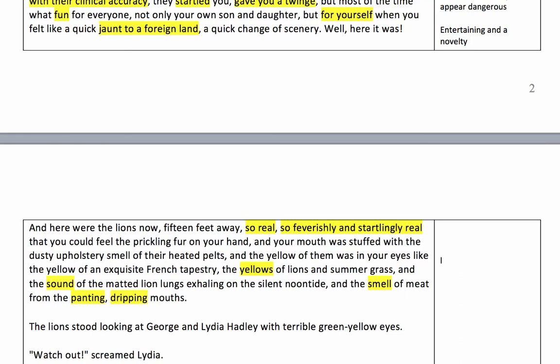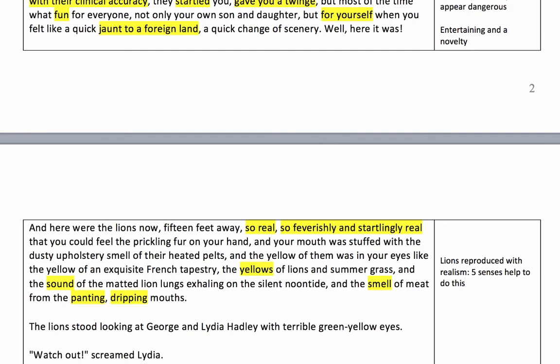So the lions are reproduced with realism, because the five senses help to do this.